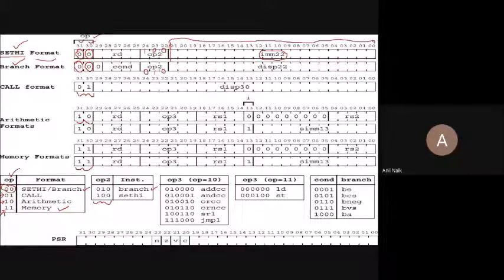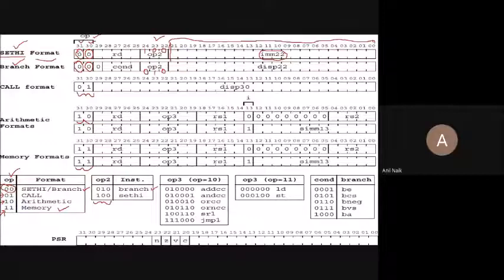Then to differentiate exactly whether he is Prathamesh Pawar or Prathamesh Kulkarni, we need one more surname, right? So with the OP2 operation, we can identify: if OP2 is 100, then it is a set high instruction, and if it is 010, it is a branch related instruction.